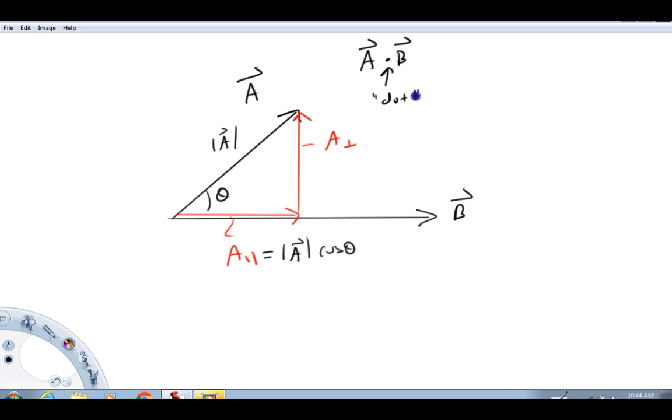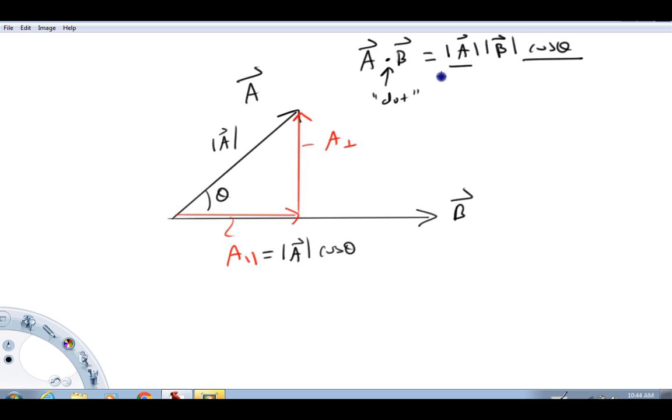A dot B is equal to the projection of A times vector B. When we multiply that out, we get the magnitude of A, the magnitude of B, and the cosine of the angle between them. Again, A cosine theta gives the projection of A onto B. You could also think of it as the projection of B onto A and then multiplying by A. It doesn't really matter which way you think of it.